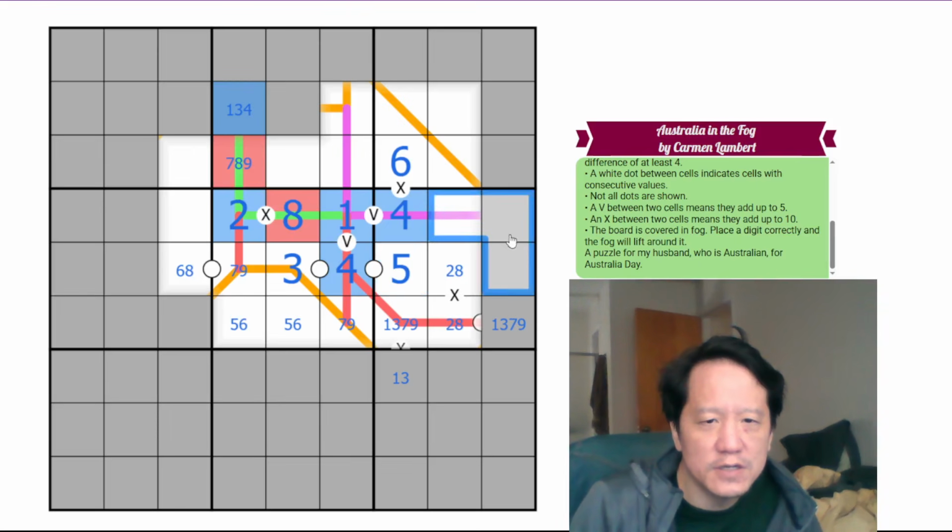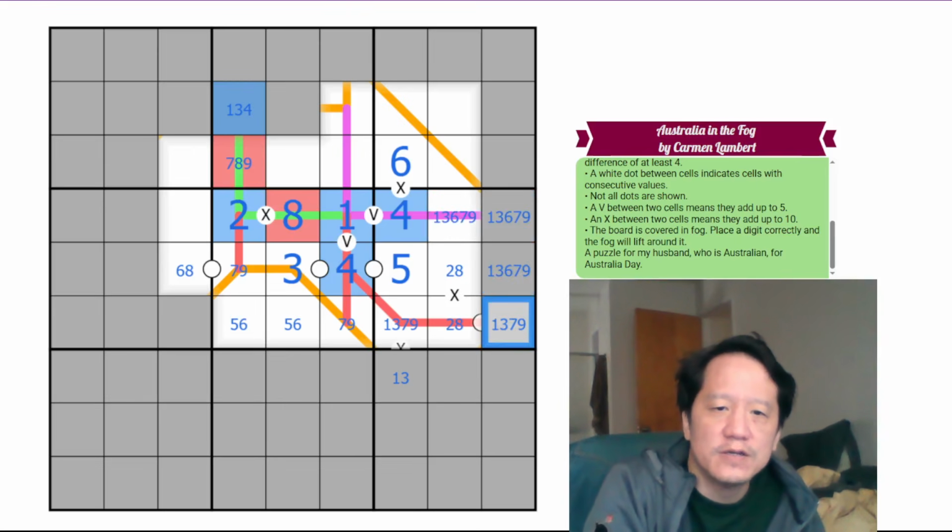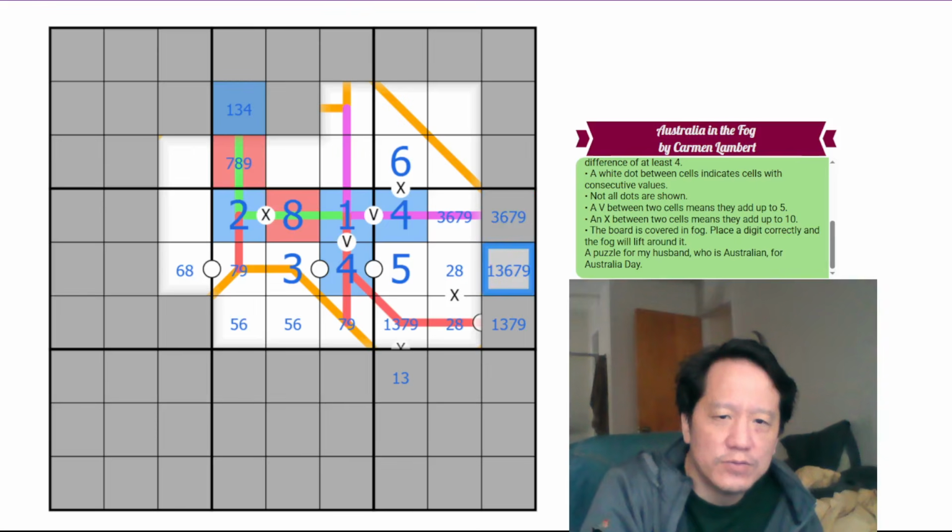Remaining digits in this right central box cannot be 2 or 8 or 4 or 5, so it has to be 1, 3, 6, 7, or 9. And this can't be 1 and 1 because of the 1 in the row.